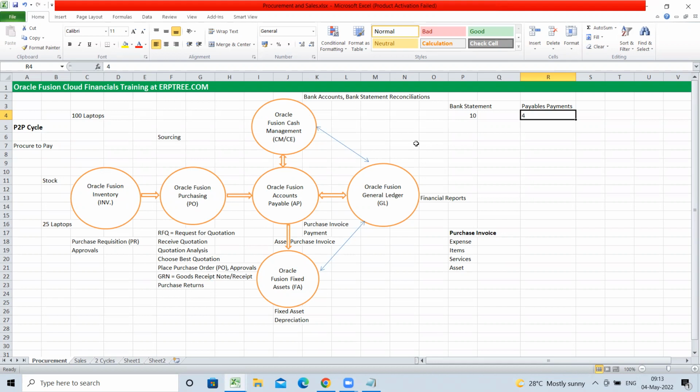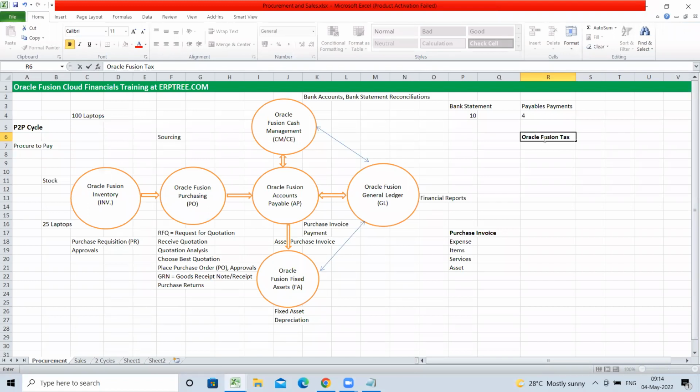No, that totally depends. Again, it falls under country localization. You are doing the tax calculations for which country. For a few countries, we have a separate application called Oracle Fusion Tax.